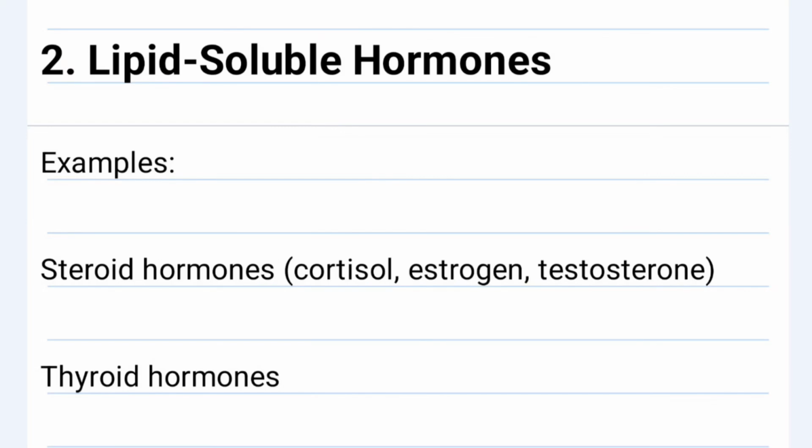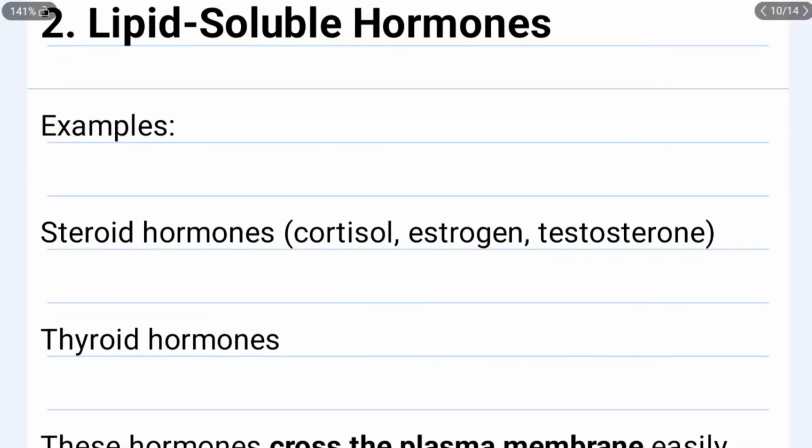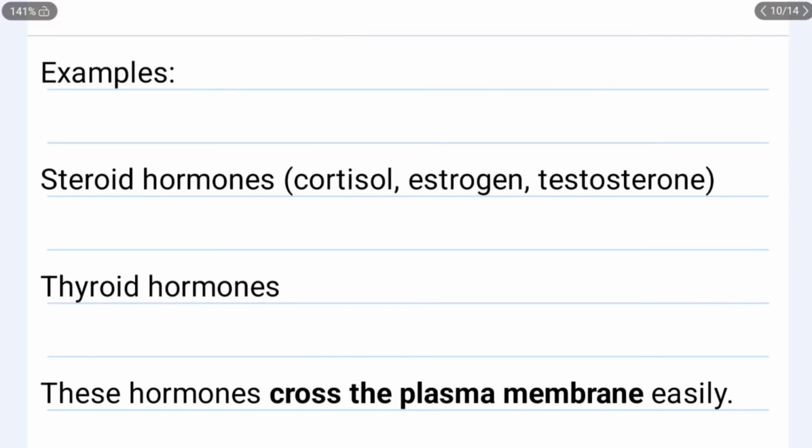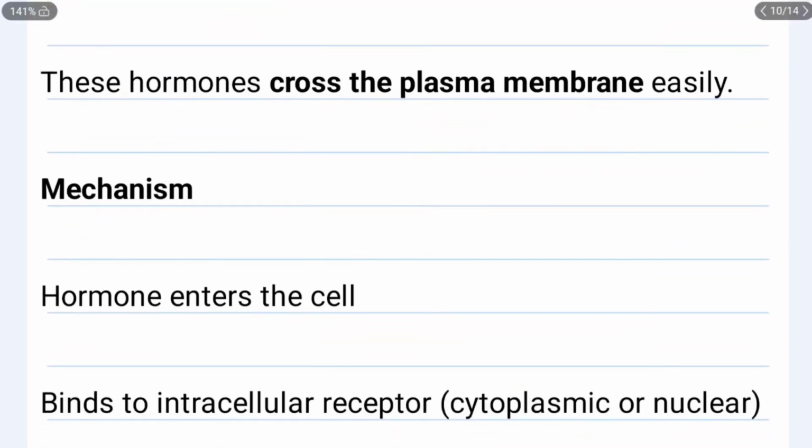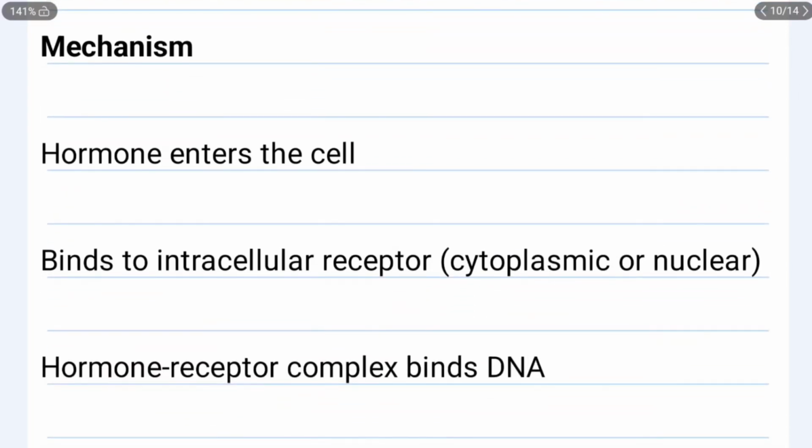Now let's see lipid soluble hormones. Some examples are steroid hormones, which are cortisol, estrogen, testosterone, etc., and the thyroid hormones. As these hormones are lipid soluble, they can cross the plasma membrane easily. So in case of these hormones, the action will be like this.